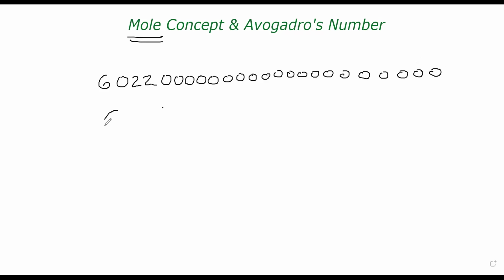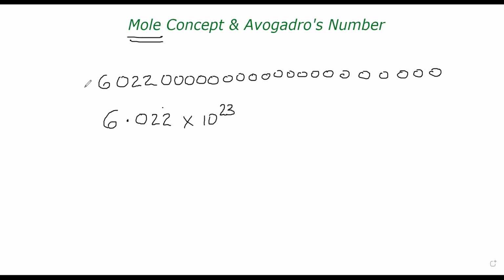So it was written as 6.022 into 10 to the power 23. Still, it's quite a big number, even when we write it as 6.022 into 10 to the power 23.